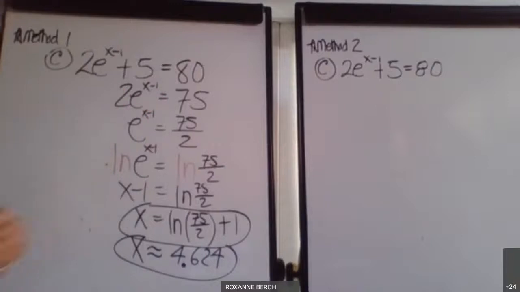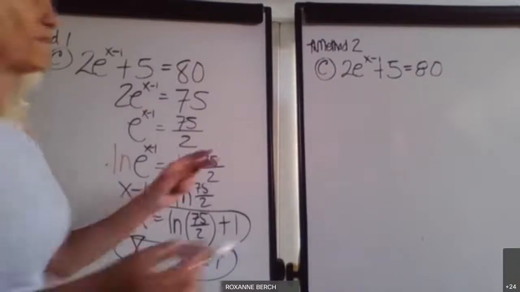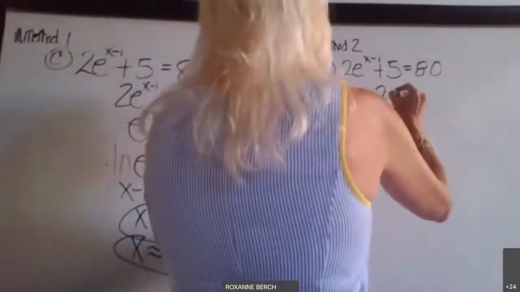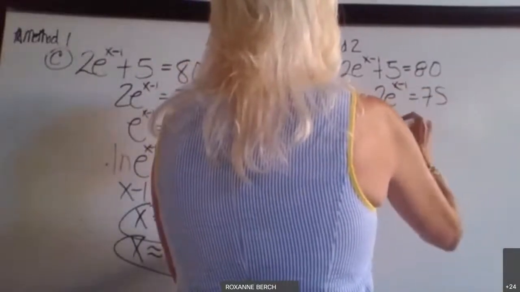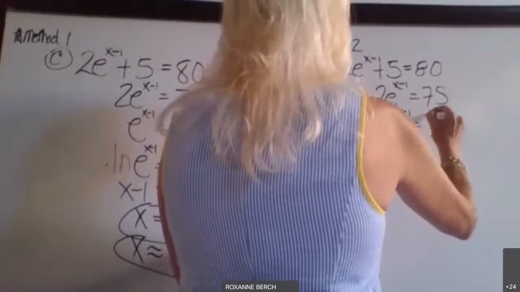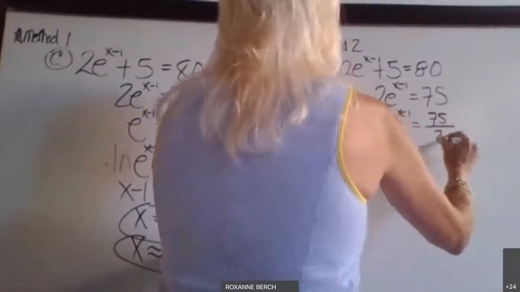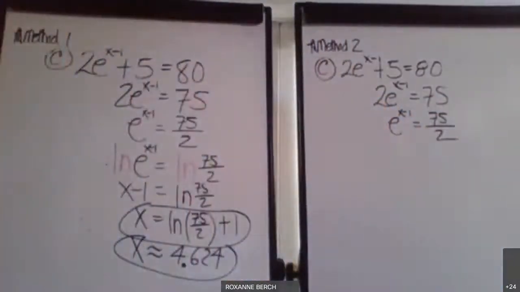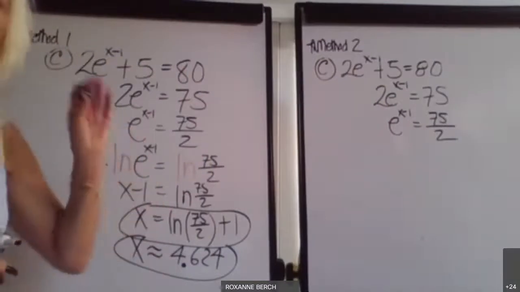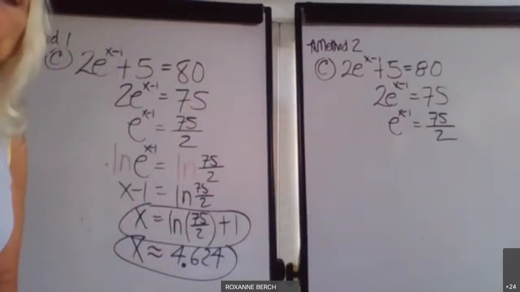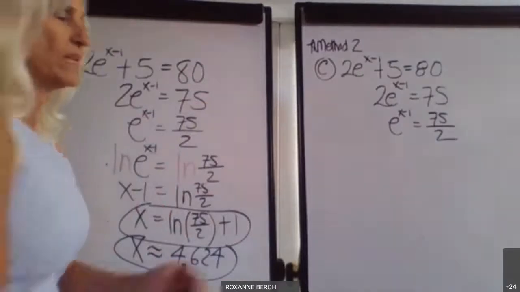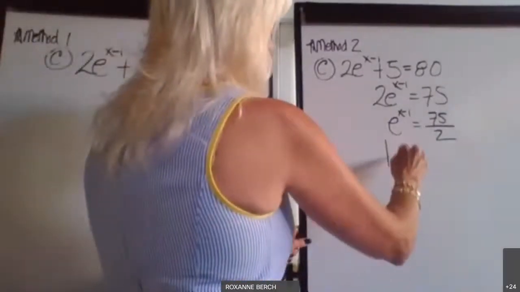Now remember the other method. The other method, we're going to simplify it down. So we get 2e to the x minus 1 equals 75. Divide by 2. And now we're going to take the exponential function and write it in logarithmic form. So it's going to be log base e, right?